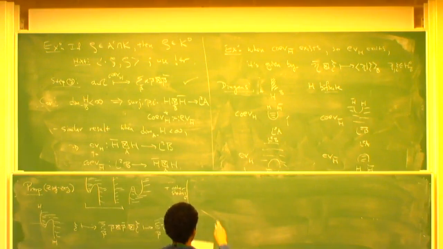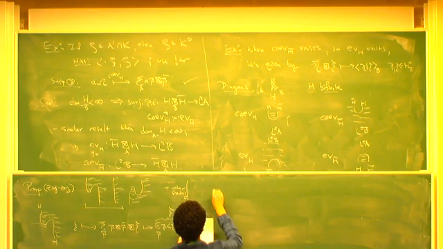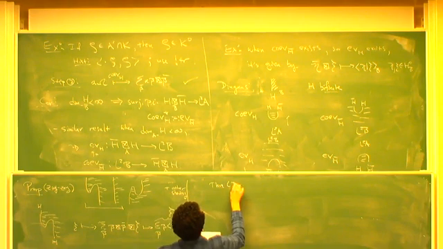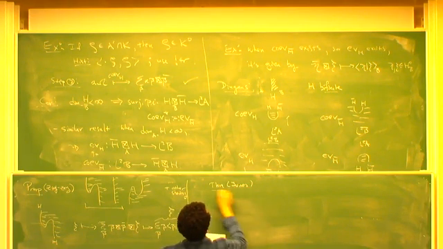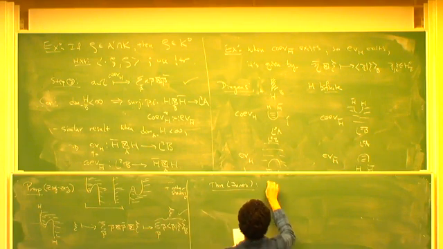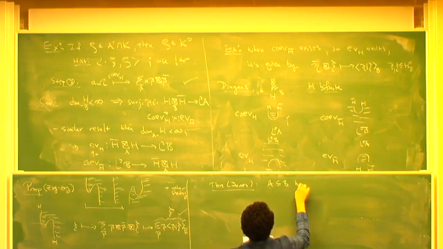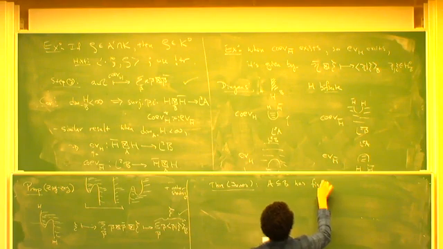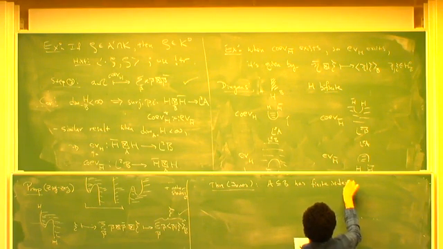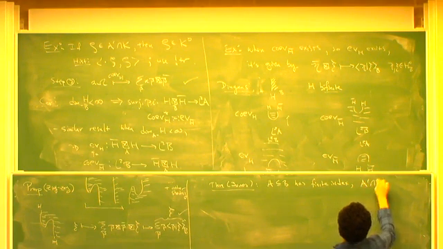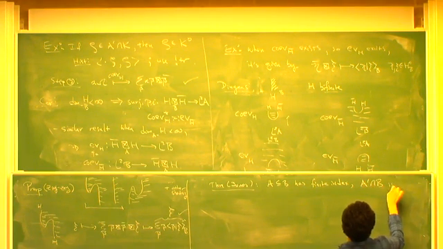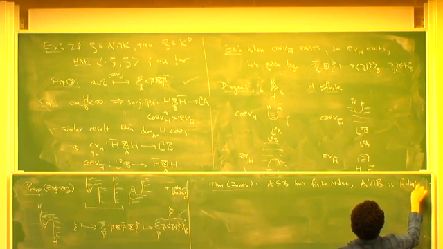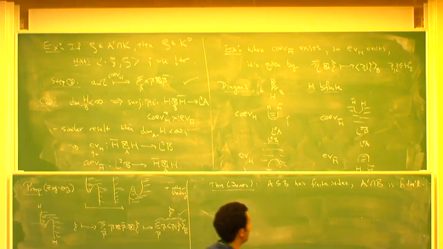Here's actually a theorem by Jones. It says that if A contained in B has finite index, then A prime intersect B, the relative commutant, is finite dimensional.